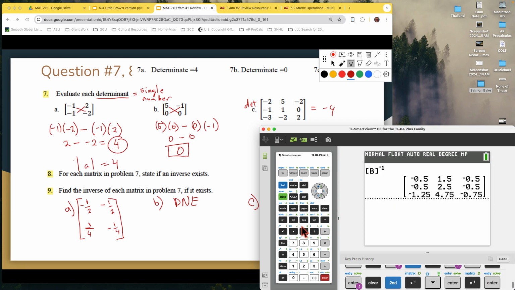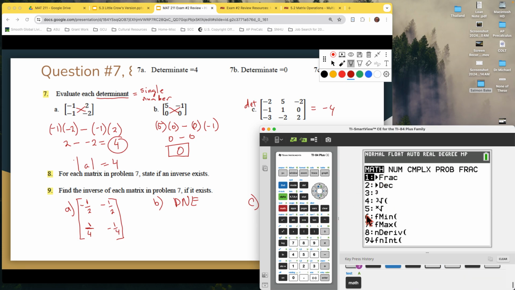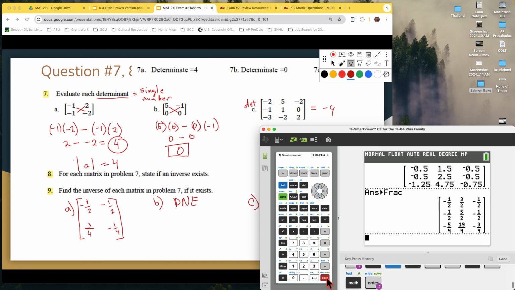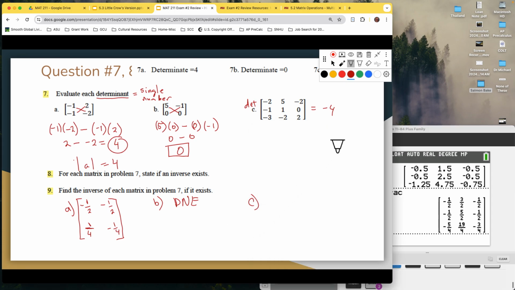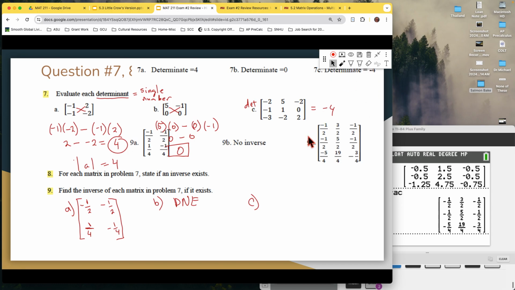Again, I forgot, you could just go math fraction, and it takes the answer and turns it into fractions. So then you could write all that out. I could, but I'll leave that showing there, and we'll click one more time and get the answers.